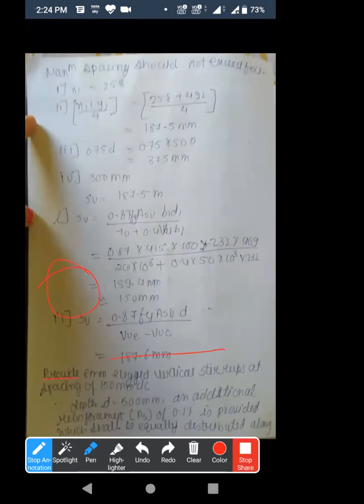Now the maximum spacing should not exceed these formulas we have done: X1, X1 plus Y1 by 4, 0.75 D, and 300 mm, whichever is less will be your spacing. First you have to put the values for SV.